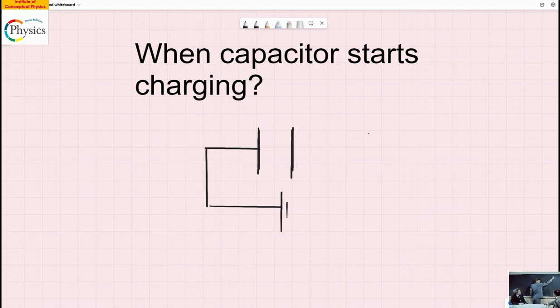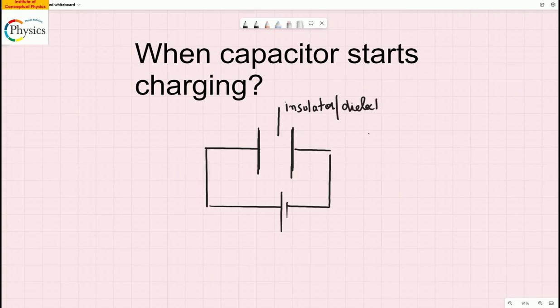So I'll just complete the circuit so that you can see how it is all drawn. And the battery is connected. So this space is what? You already know this space. This is always an insulator. The insulator is also known as dielectric, and this is a conducting plate, and this is also a conducting plate.